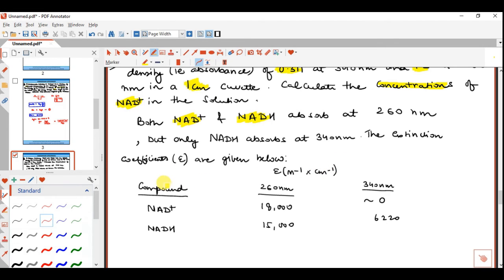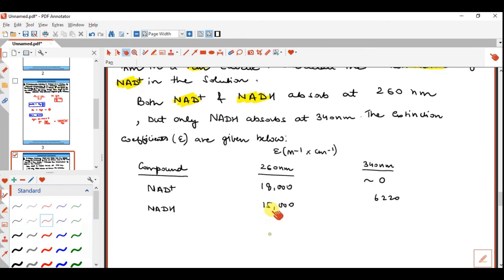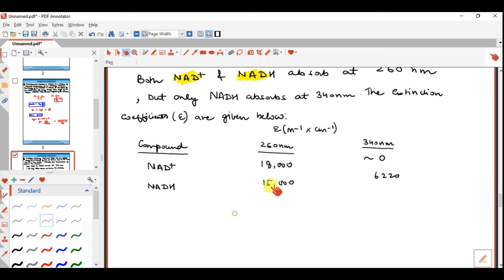So looking at this particular table over here, you can see that NAD plus has a molar absorptivity coefficient at 260 nanometer of 18,000. At 340 nanometer it does not absorb anything, it is 0. For NADH, if you look closely, it is 15,000 at 260 nm, and at 340 nm it is 6220.